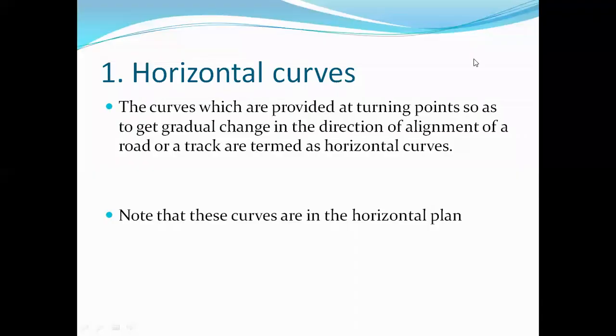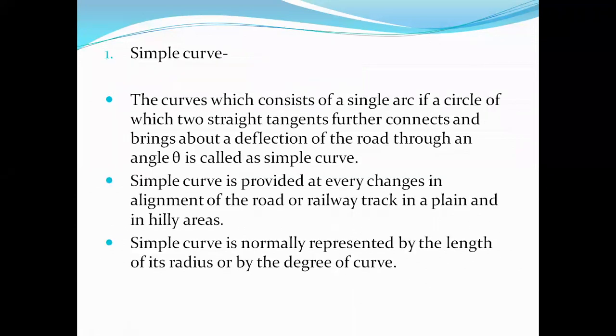Now see, what is a horizontal curve? The curve which is provided at a turning point to get a gradual change in direction of alignment of a road or a railway track is termed a horizontal curve. Then the horizontal curve is classified first as a simple curve.